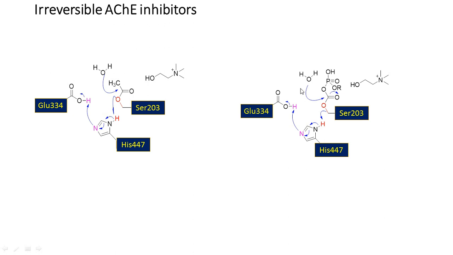So the enzyme needs a lot more time for its activation, because this ester bond is becoming stronger and stronger, and thereby it takes a lot of time for regeneration of the enzyme. Hence it will become almost like irreversibly inhibited.